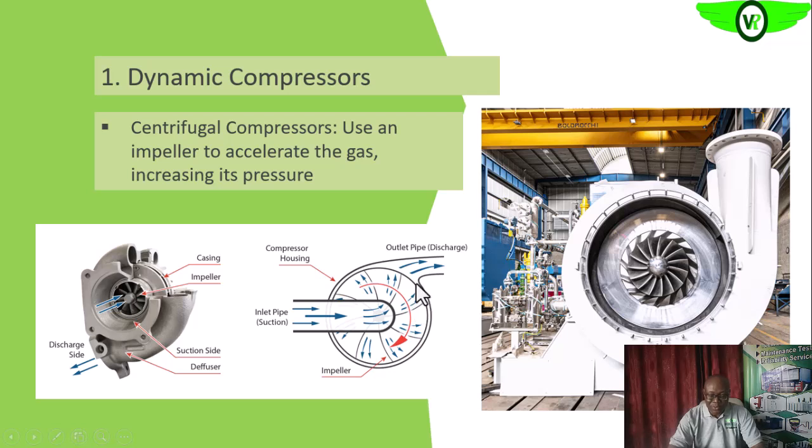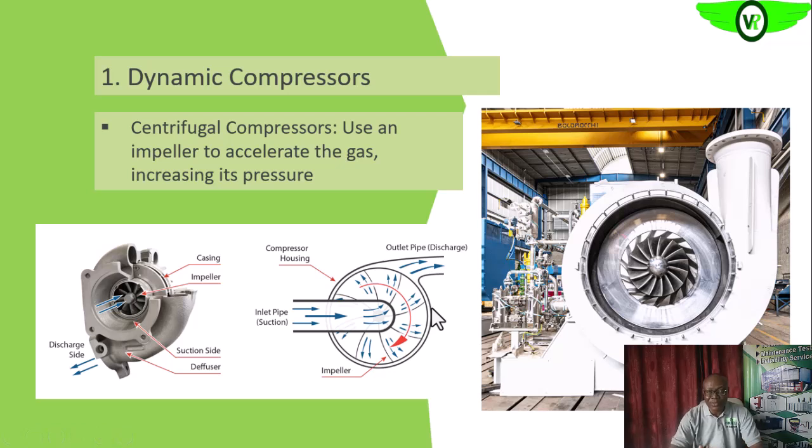So as it comes to the circumference, that is the casing of the pump, that increased kinetic energy or high velocity fluid molecule or air molecule or gas molecule, as it strikes on the wall of the compressor casing, it is momentarily stopped. That is, the velocity is reduced.